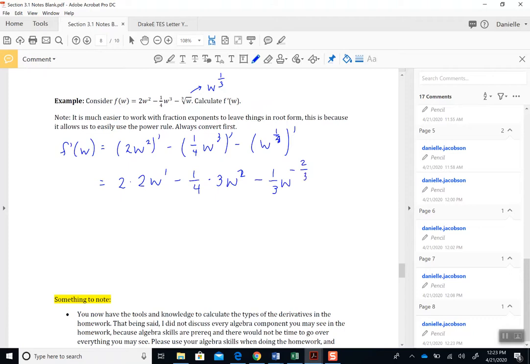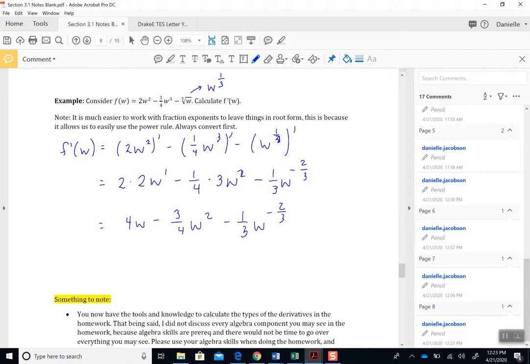You should at least simplify the basic stuff here, so do your multiplication. 2 times 2 is 4w, minus 1/4 times 3 is the same as 3/4 w to the second, minus 1/3 w to the negative 2/3.